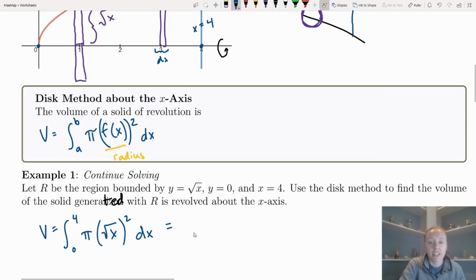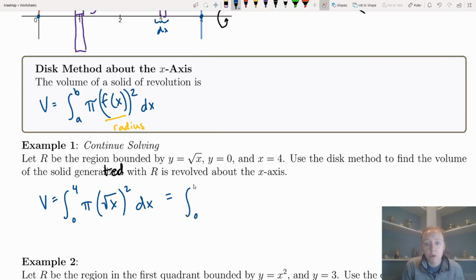So simplifying this down, we're going to go from 0 to 4. Pi, the square root of x squared, is simply x dx. So what I'm going to do is integrate x, since pi is just a constant. So this is going to give me pi x squared over 2 from 0 to 4.